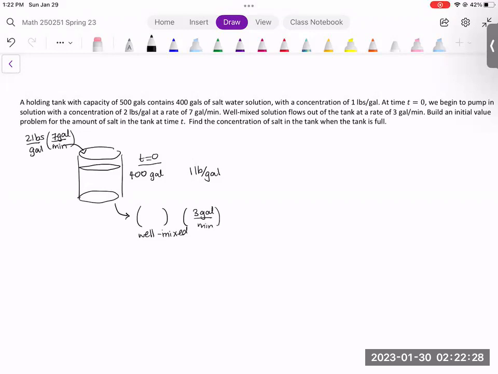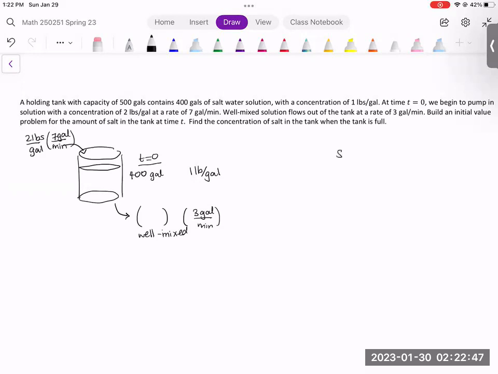And so we want to build an initial value problem that describes this tank. This time, we're going to find a solution that describes the pounds of salt in our tank at time t. And we're going to look at the concentration of salt in the tank at the time that the tank actually fills up.